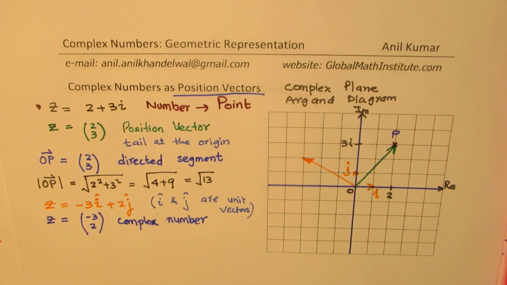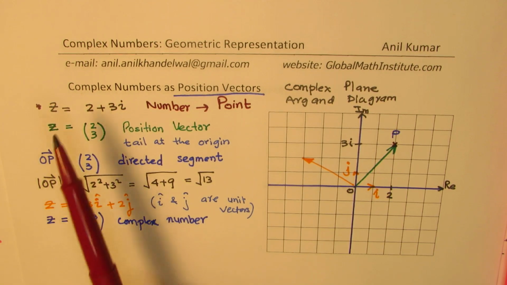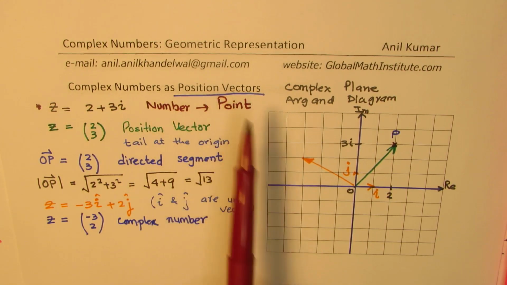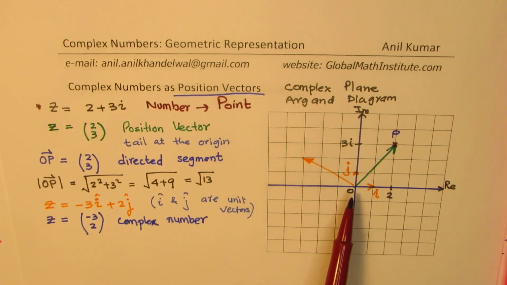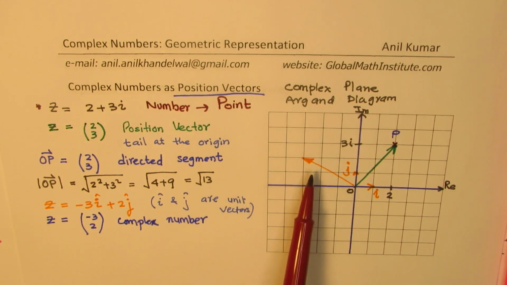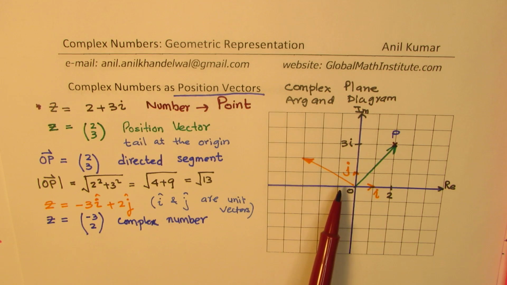So in this part of the video, we have learned how to represent complex numbers as position vectors. Remember, position vectors have a tail at the origin and a directed segment. The length of the segment is proportional to the magnitude of the complex number.